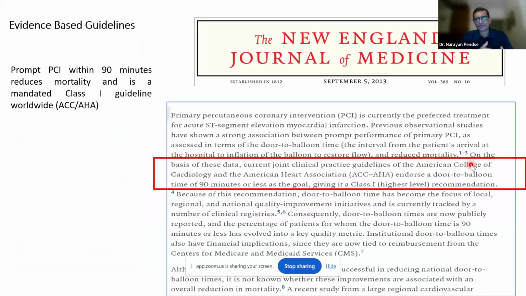What is the evidence for this? Well, there is plenty of evidence, and it has been around for a long time. In fact, this is from almost 12 or 13 years ago, that prompt PCI within 90 minutes reduces the mortality, that is chances of death, and the morbidity. And this is a class 1 evidence guideline, which is the highest level of evidence.